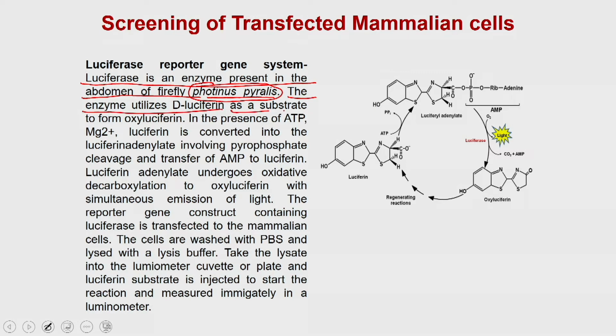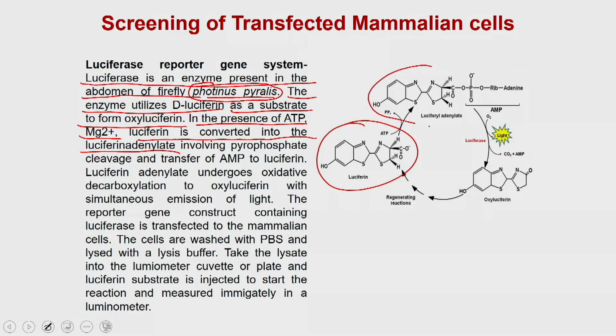luciferin as a substrate to form the oxyluciferin, and in the presence of ATP and magnesium, the luciferin is converted into the luciferin adenylate, which means the enzyme is converting the luciferin to the luciferin adenylate in the presence of ATP. So, in this process it is utilizing the ATP to form PPi, and the AMP is getting conjugated to the luciferin to form the luciferin adenylate.